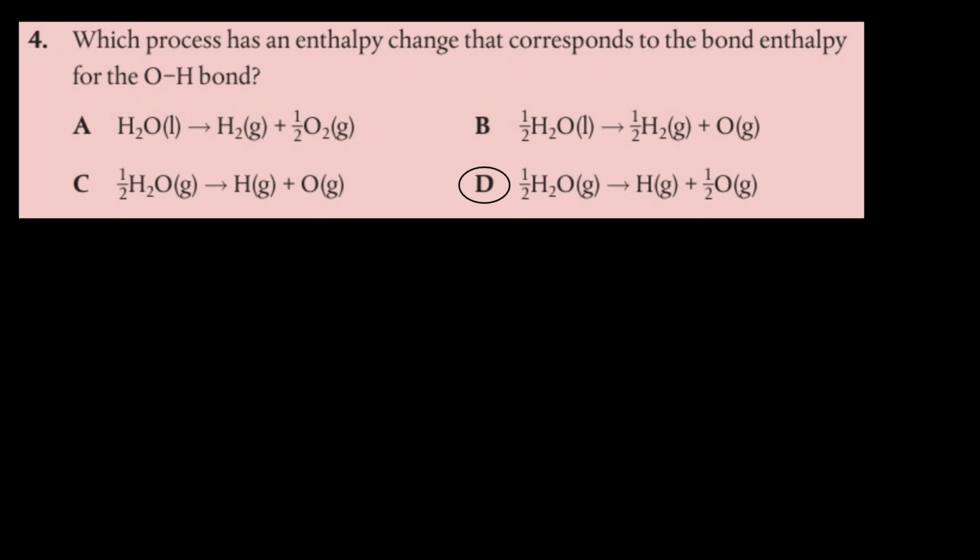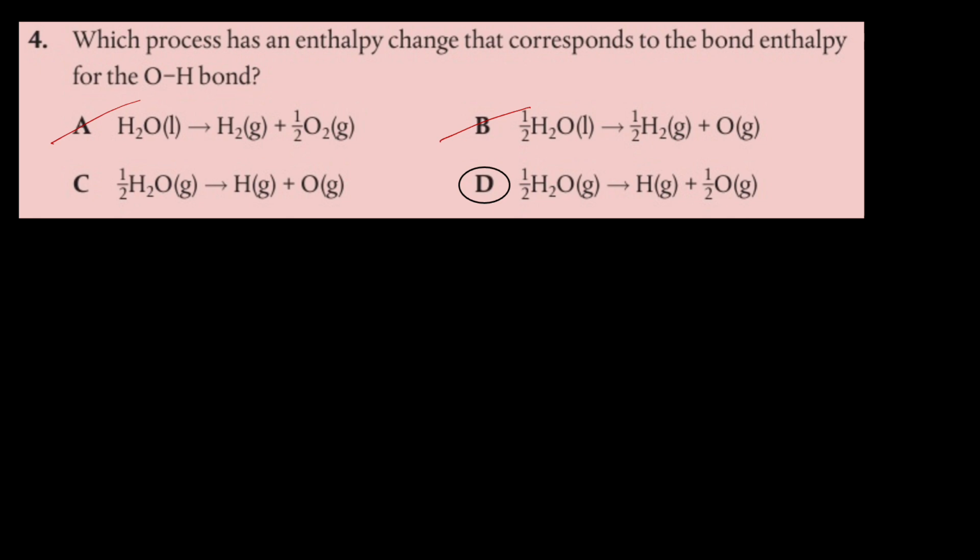Now for this one, A and C can automatically be canceled out because that is liquid water, and when we're talking about bond enthalpy, it only is corresponding to gaseous molecules. So A and C with the liquid water would be completely canceled out.